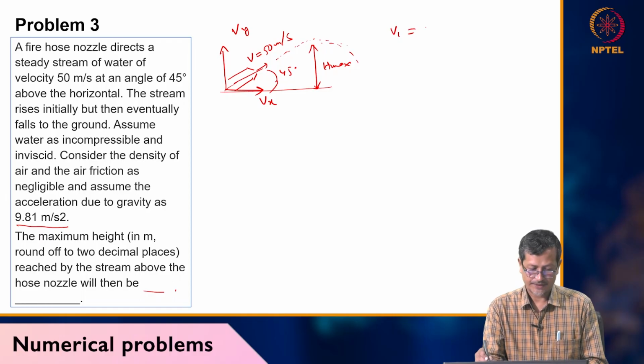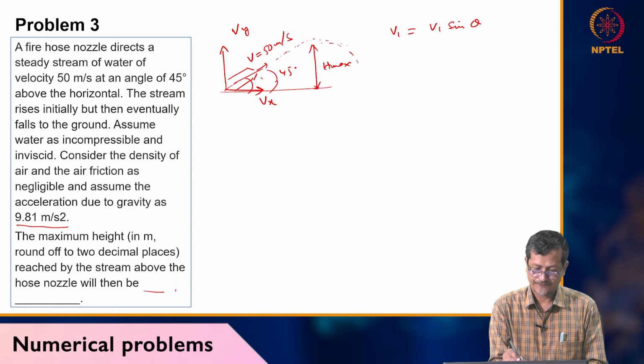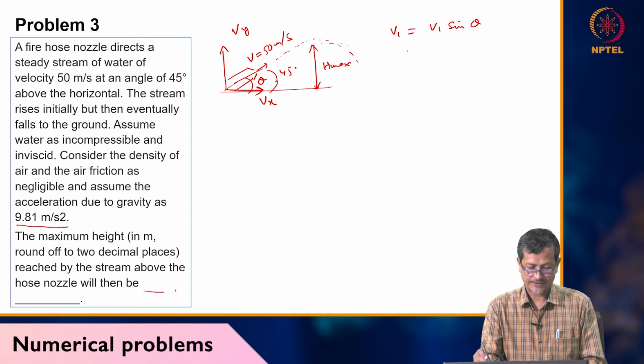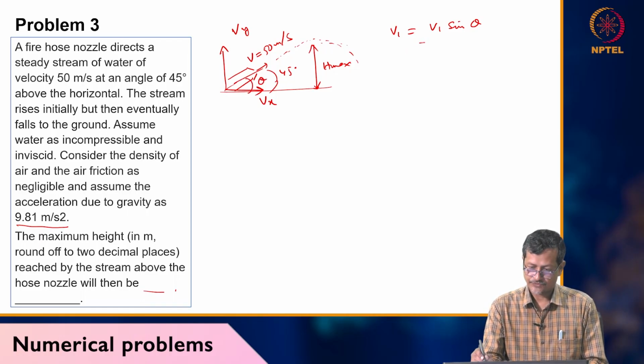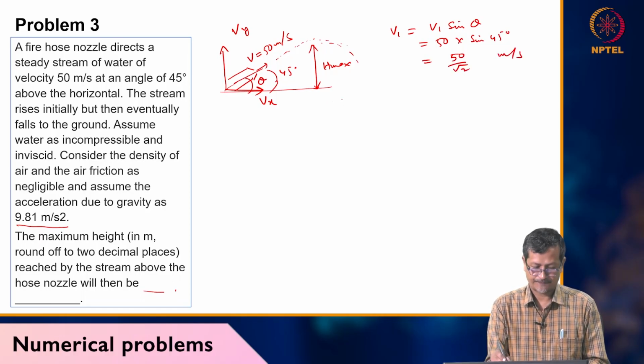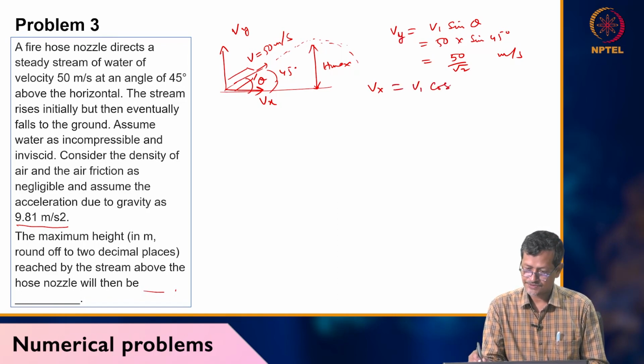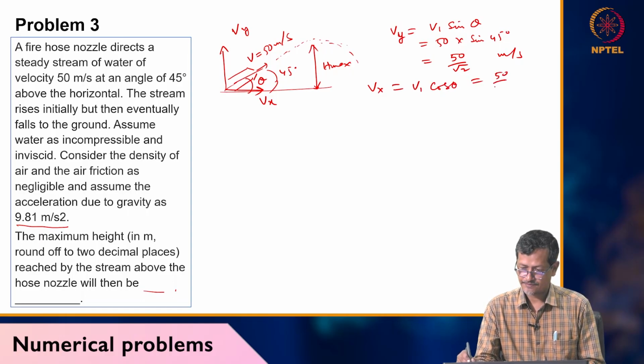So vy equals v1 sine theta. So 50 into sine 45 degree, which gives 50 by root 2 meter per second. And vx equals v1 cos theta, so it is again 50 by root 2 meter per second.